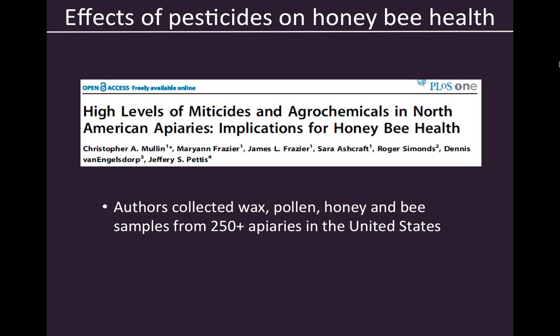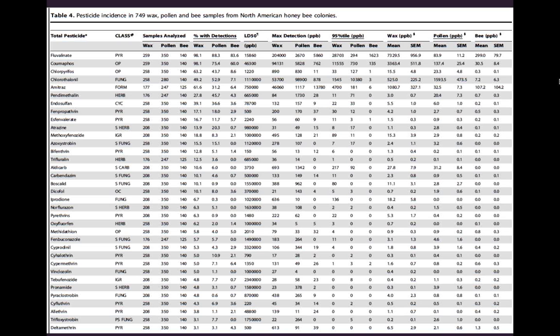So the authors collected wax, pollen, honey, and honeybee samples from over 250 apiaries in the United States. And this was published in PLOS One, so I recommend that you download it for free and you can get all the information about what's in hives and in bees.